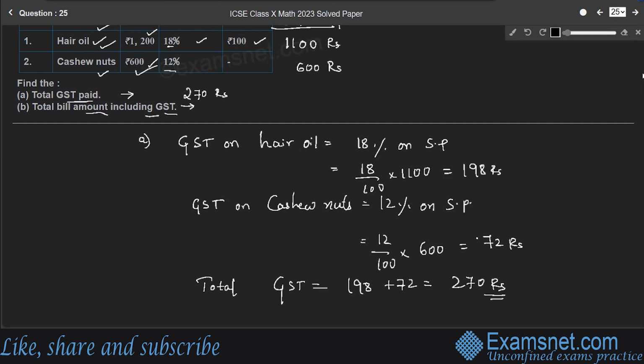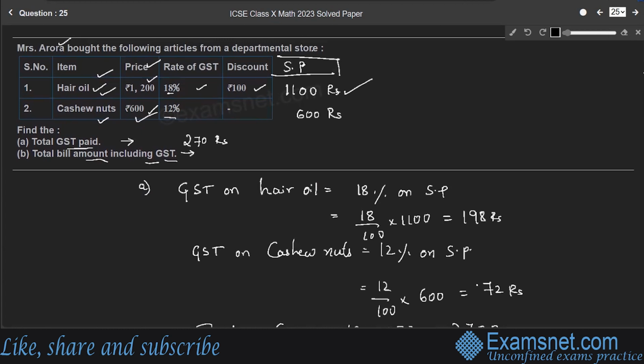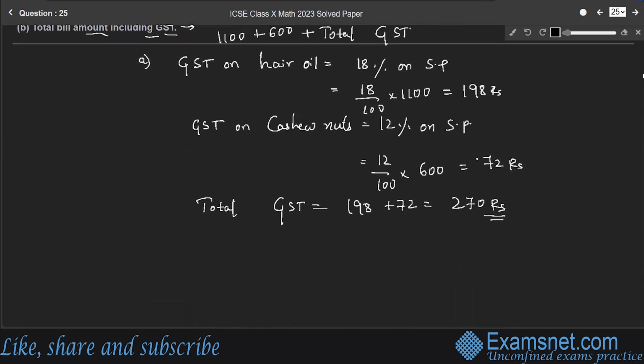Total bill amount means the selling price of both the items plus GST. So the total billing amount is the selling price of hair oil, which is 1100, plus 600, the selling price of cashew nuts, plus total GST.